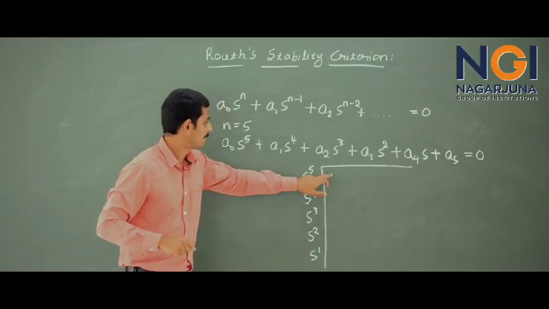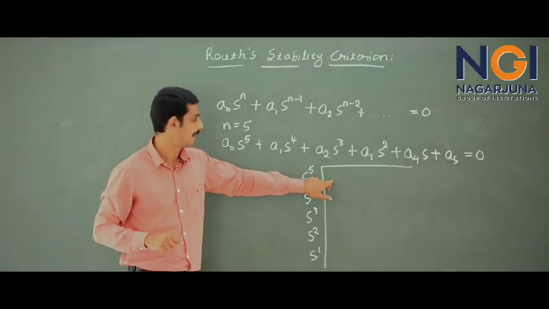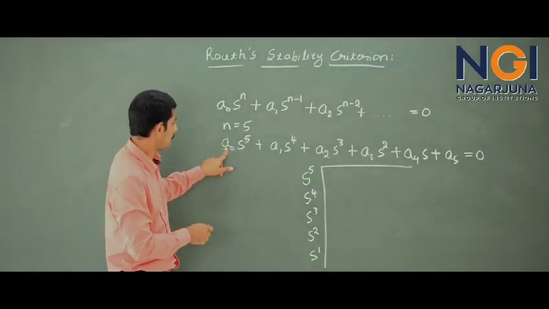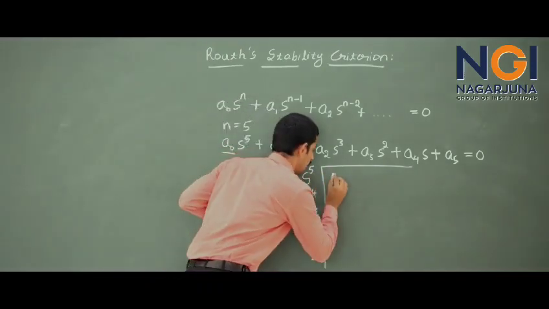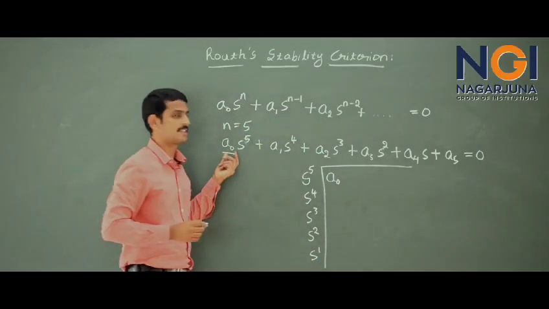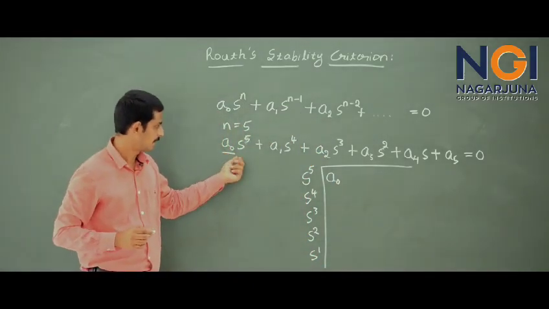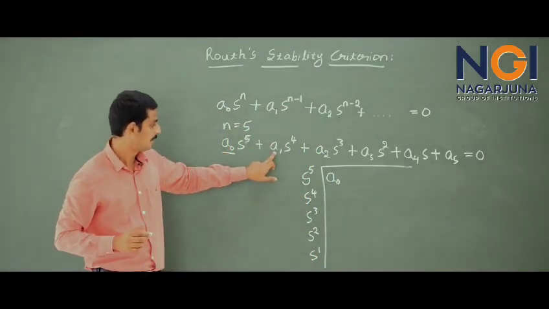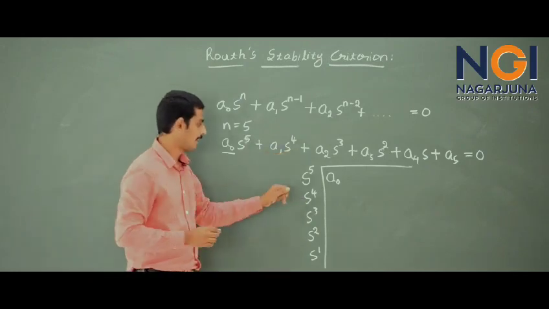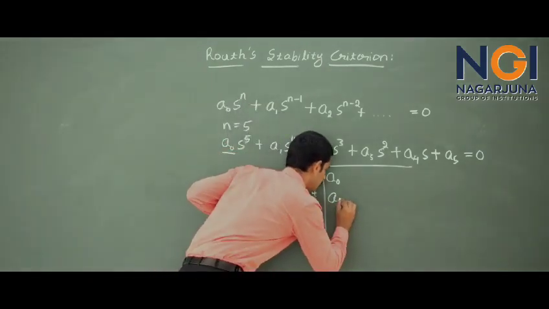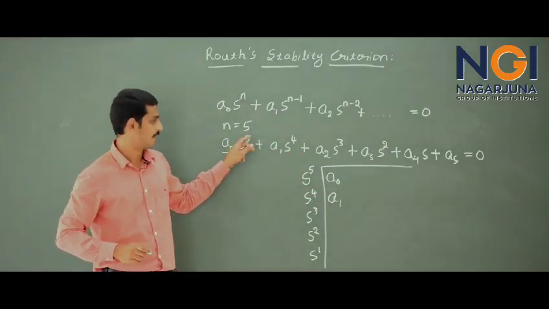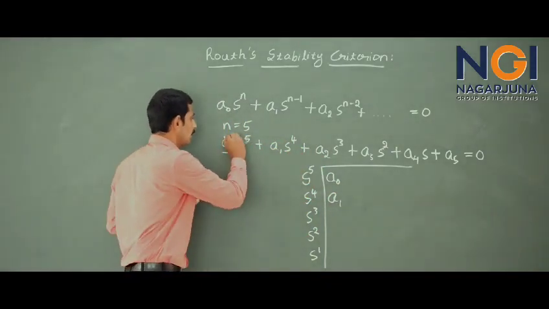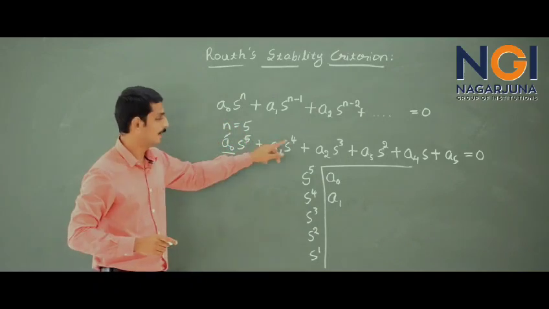In the first row, the first place is the first coefficient, that is a0, and next I have a1, which I will consider in the second row. Alternately, we take the coefficients.